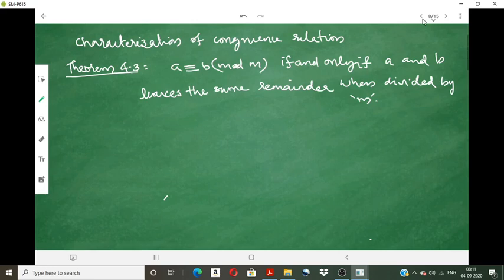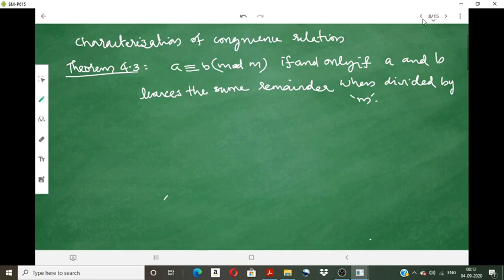That is, we say that A is congruent to B modulo M if and only if both A and B leave the same remainder when divided by M. So we have already discussed two other definitions of the congruence relation.